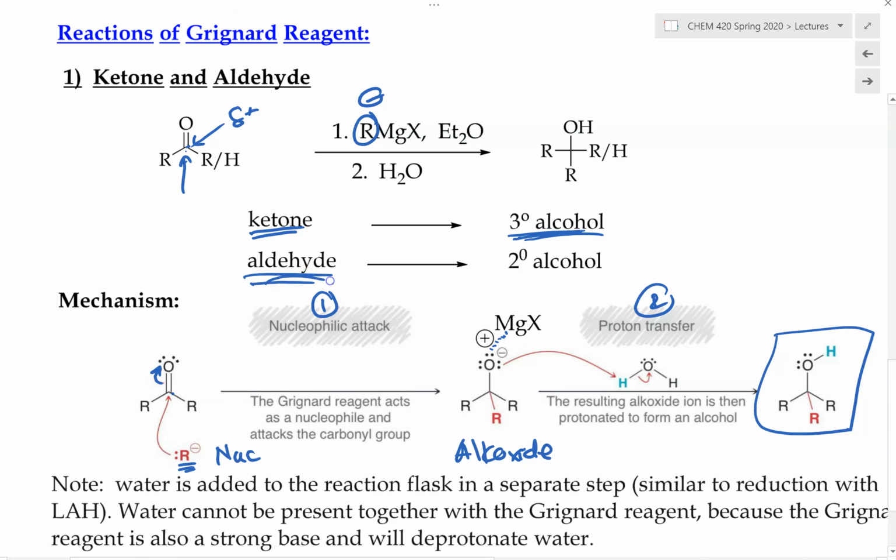Versus if we were to have an aldehyde, we'll be able to change that into a secondary alcohol. So those are the types of reaction and the type of alcohol that we can make. Whether we are making a secondary or a tertiary alcohol depends on the structure of the carbonyl derivative that we are starting out with.